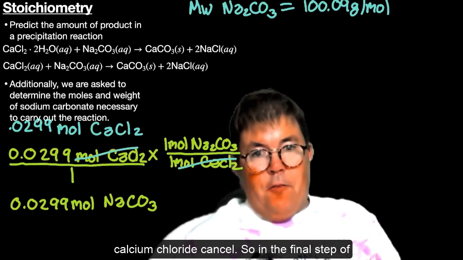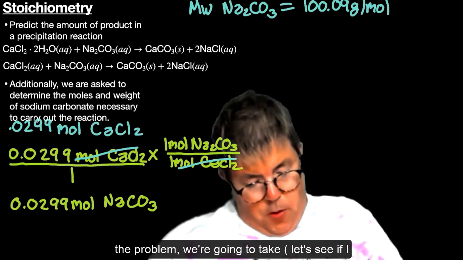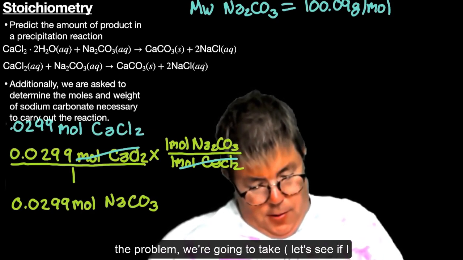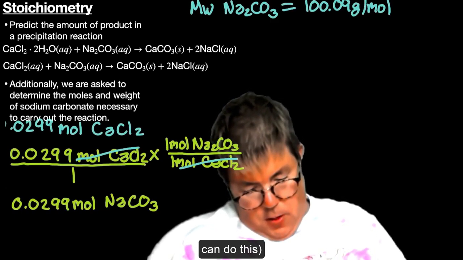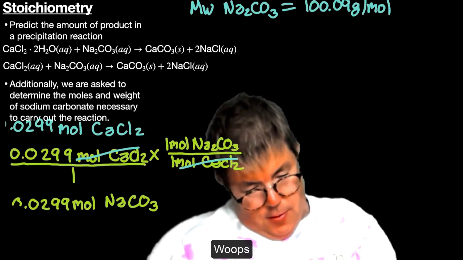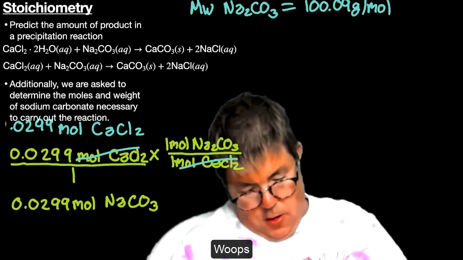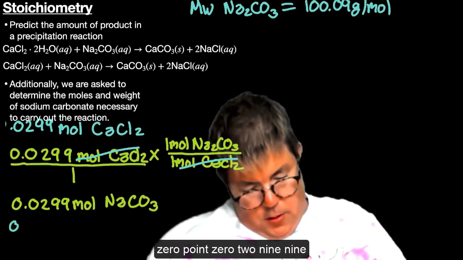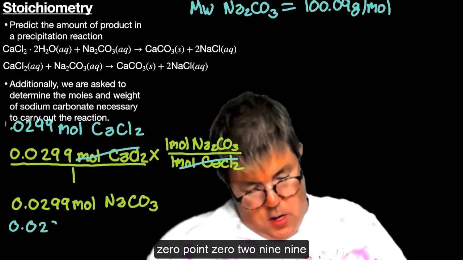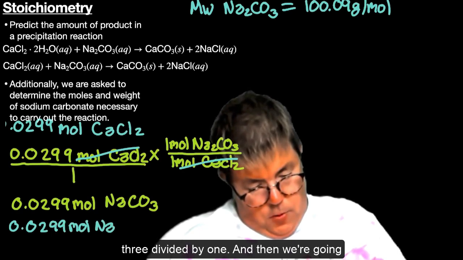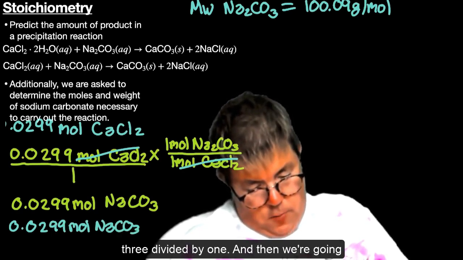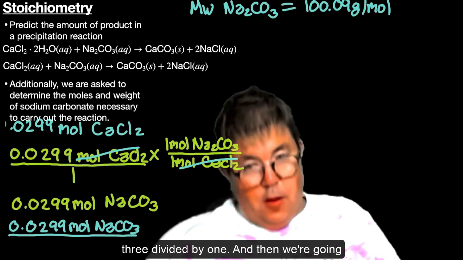So in the final step of the problem, we're going to take 0.0299 mole of Na2CO3 divided by 1.